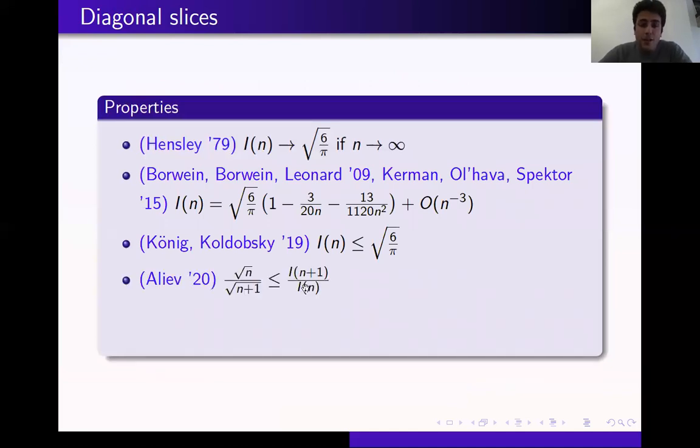Then an additional property was recently proven by Iskander in 2020, and I think the paper is already accepted. He showed basically that each term of this sequence, I_{n+1}, is greater or equal than I_n multiplied by some coefficient slightly smaller than 1.